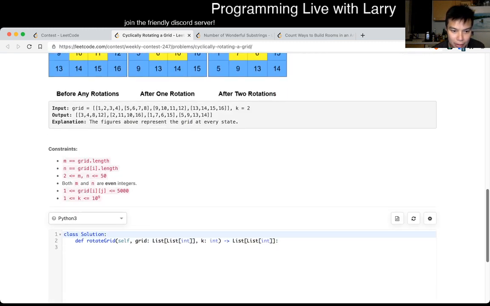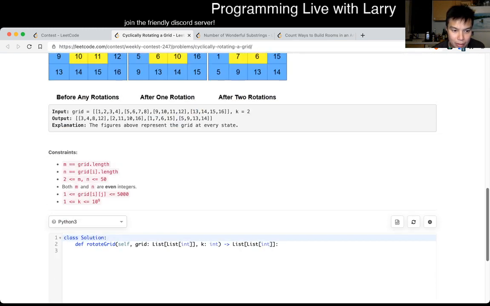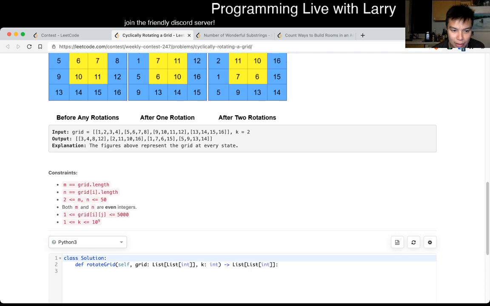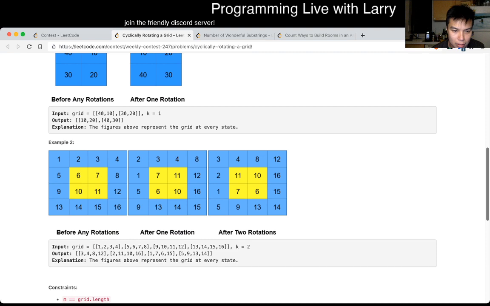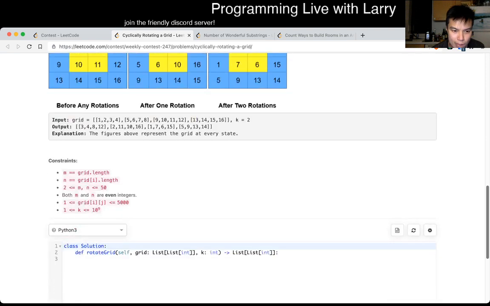This seems like it'll be annoying. K is 10 to the 9. I mean, this isn't hard, it's just annoying.